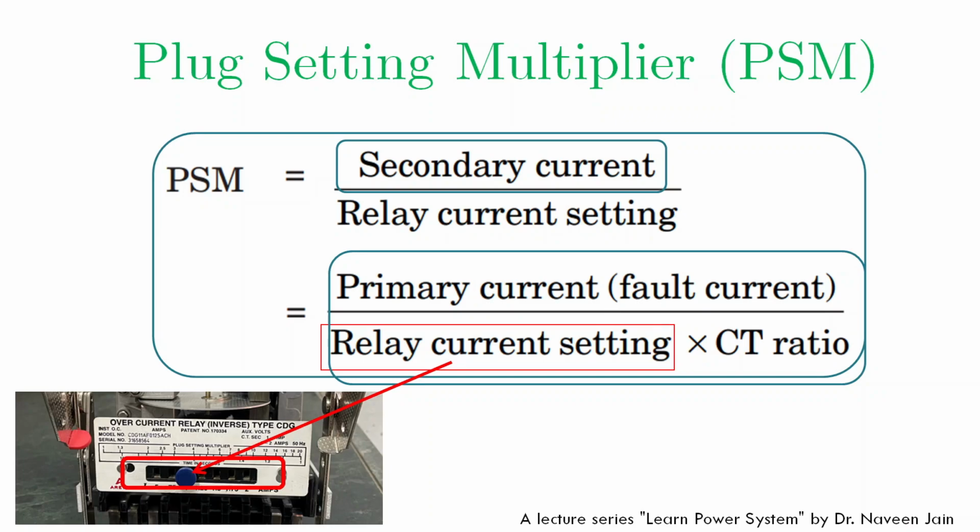So in this diagram you can see the relay current setting can be changed manually, as per the requirement of the system. So in that example we have relay setting 6.25 ampere.